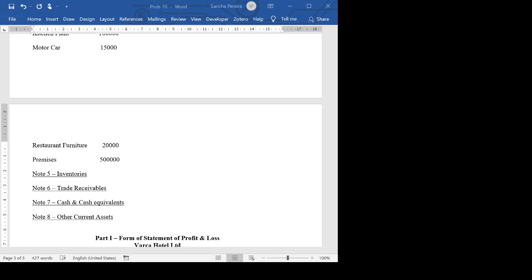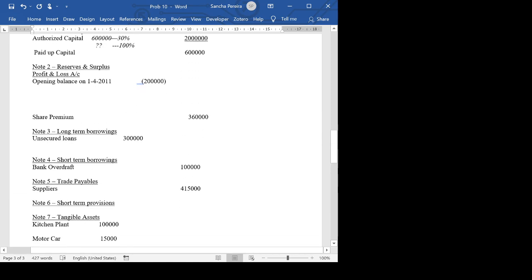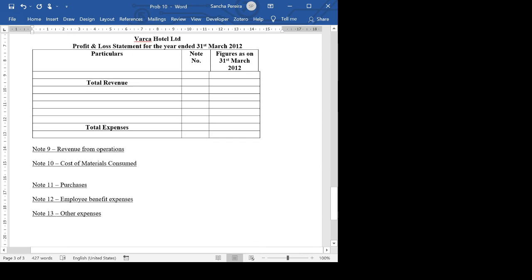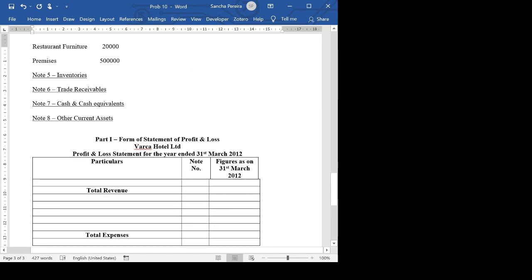We don't have anything there either. And the last thing is other non-current assets. Under this, I'm going to show an item called preliminary expenses. That will be note number 8.